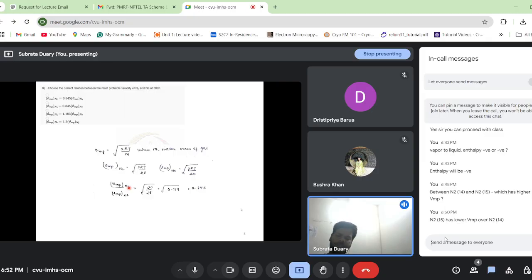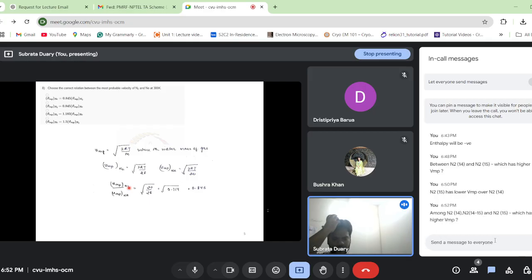So among nitrogen 14 and nitrogen 15, both isotopes are there. Which has higher VMP, most probable velocity?